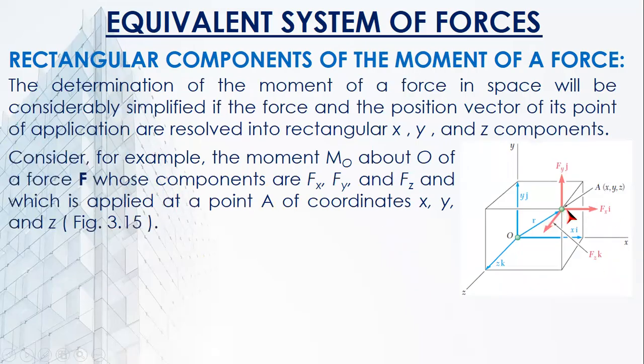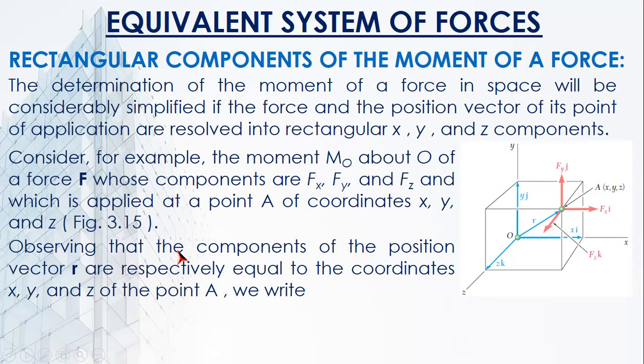So for example, the moment M about O of a force F, whose components are Fx, Fy, and then Fz, is applied at the point, kini nga point, ay coordinates pod x, y, ug z. Diba? O, kaniyo? R, x, y, and then z.